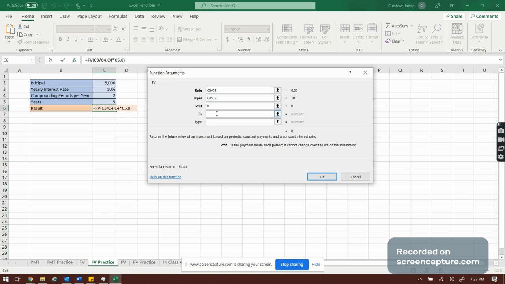So since we're not adding any extra money each month, it's going to be $0 in the PMT, or a value of 0. Then lastly, for the PV, we're going to put in the 5,000 because that's how much money we added initially. That's our initial sum of money. That's our present value. Now, once we have all that in, we're going to click OK.